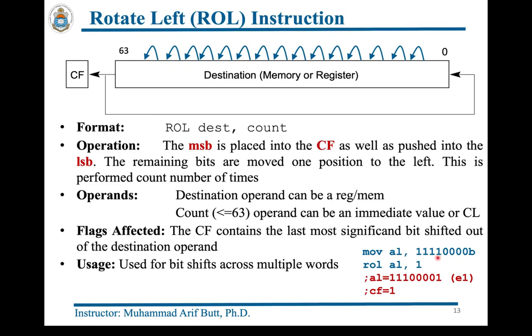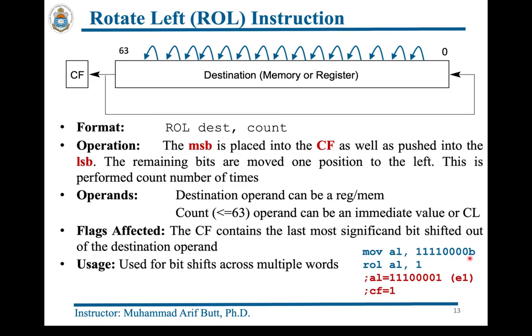The AL register contains this 8-bit binary value, and we are performing our rotate left instruction to the contents of the AL register with the value of 1. Note, after the ROL instruction, the most significant bit, which is 1 over here, is removed and pushed in from the left.